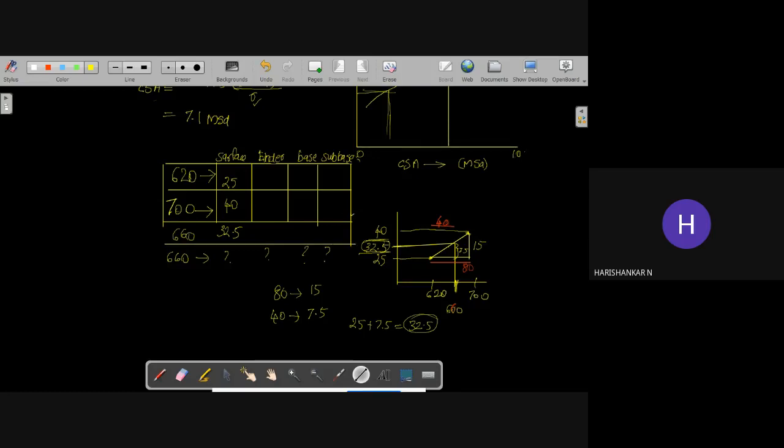Okay, just draw a straight line graph by connecting the values obtained from the table. Okay, so here I can fill the values obtained from the table.